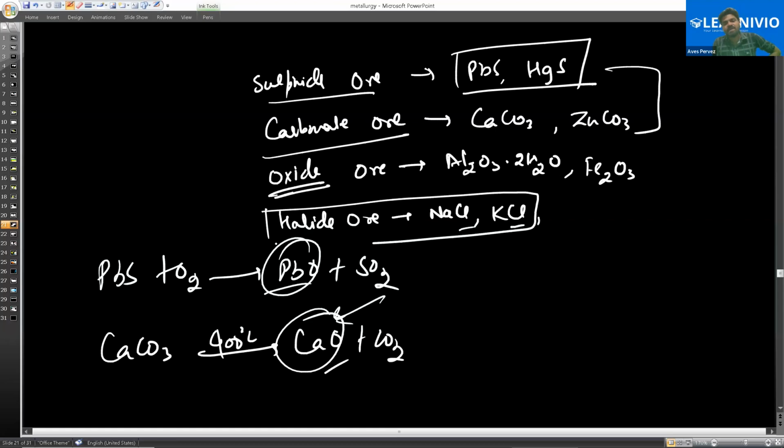So oxide ores are already in oxide form. These are the halide ores, which are found for the highly reactive metals. Generally, highly reactive metals are found in the form of halide ore. For example, sodium, potassium, calcium, magnesium, aluminum.